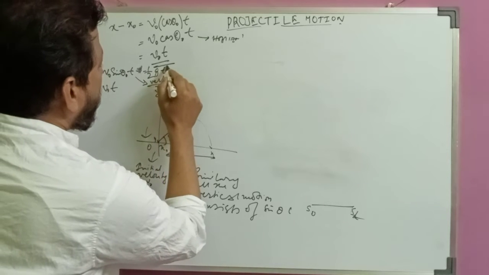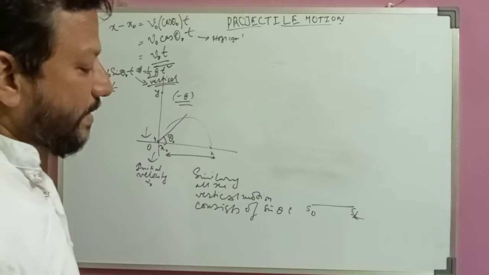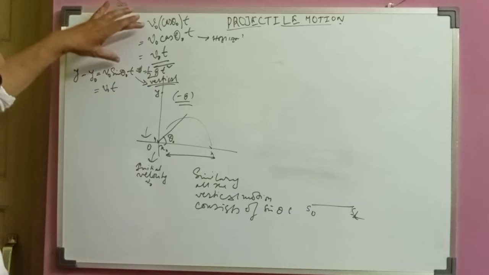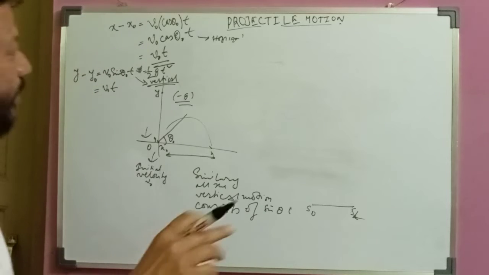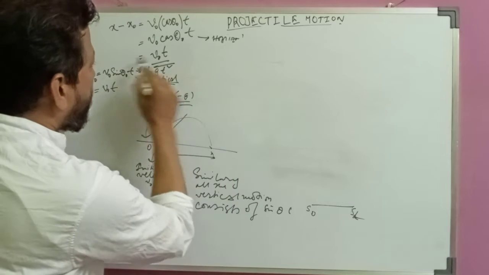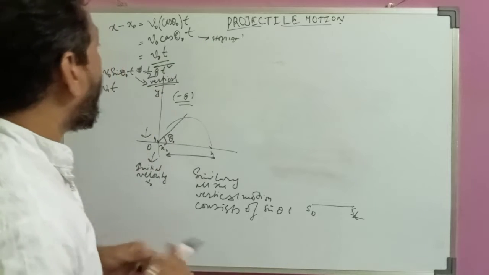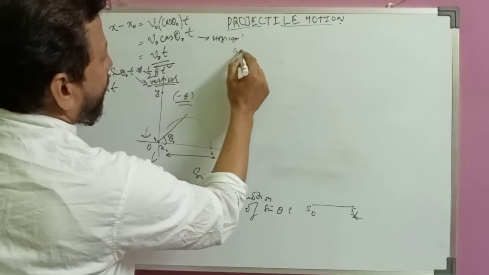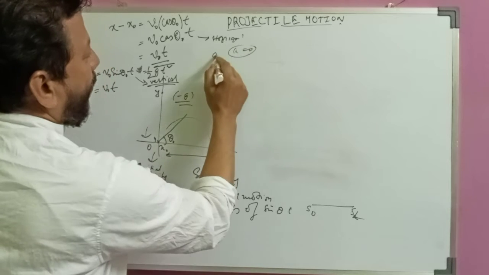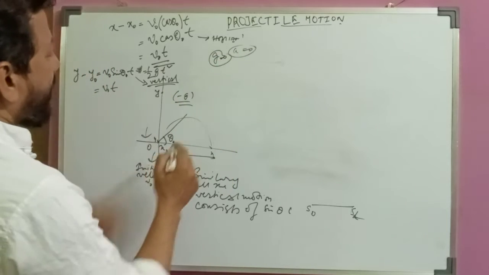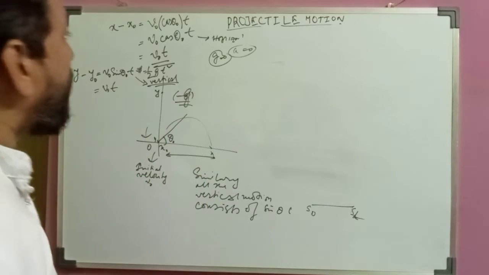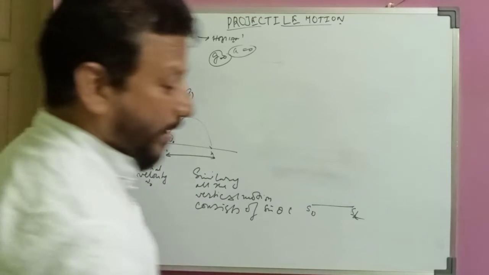So these are the scenarios we are getting. Now these are the two scenarios. Try to keep in mind, in the case of the horizontal, acceleration is equal to 0, but here the g is minus. These are the 2 points you have to keep in mind in a proper way.